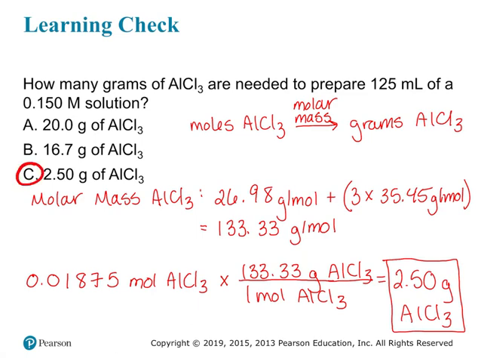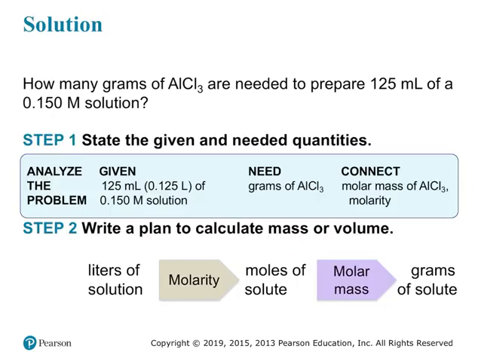So this was kind of a longer problem. Now, you also didn't have to do all of these individual steps. You could have also done this all in one long calculation. On the solution slides, we have our plan to convert from liters of solution to moles to grams. So they're kind of skipping that step where we converted from milliliters to liters. I still like to write those steps out just so I don't make any mistakes.